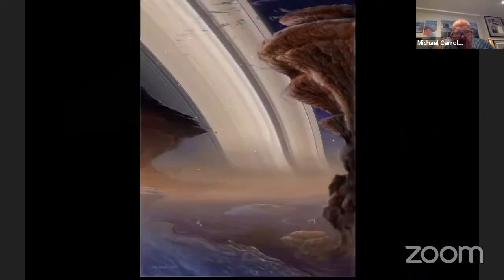So you actually get a change in the color of Saturn depending on the season. As winter comes on and things chill out, it becomes more blue above those clouds. This is a painting I did to show what those rings would look like from down within the clouds.